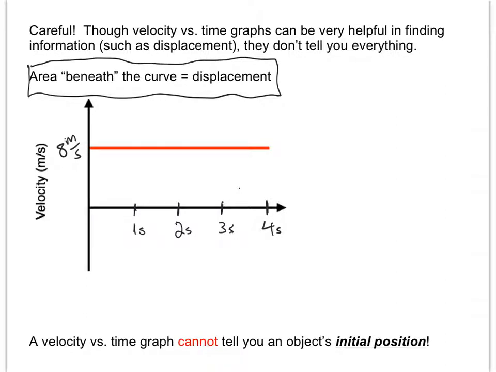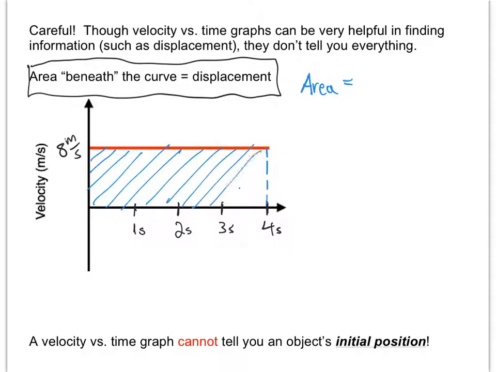All we would need to do is calculate its area. So I'm going to do that here. If we wanted to find its displacement for the first 4 seconds, here's what you would do. You would box in the 4 seconds, like I did here, and shade in the area beneath the curve.